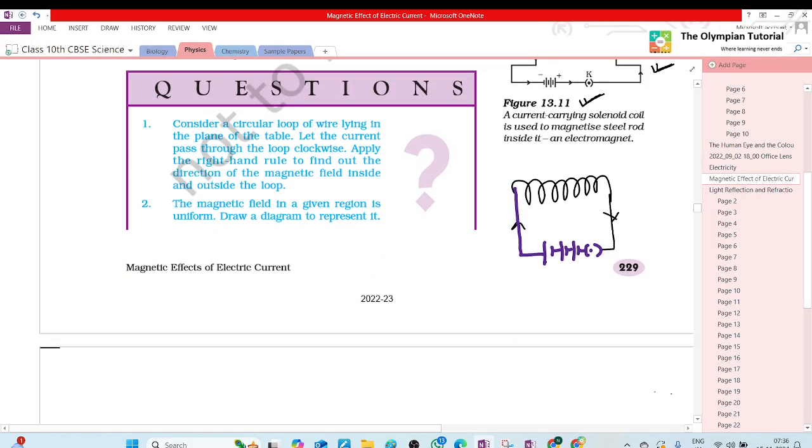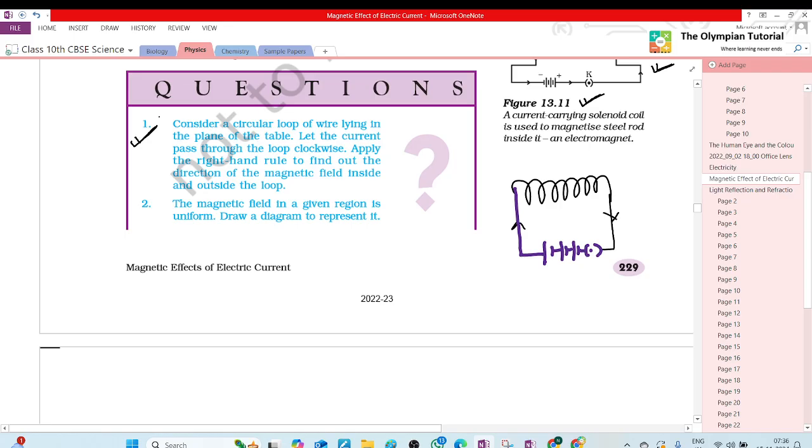Yes, ma'am. Now read the question, Ayukta. Consider a circular loop of wire lying in the plane of the table. Let the current pass through the loop clockwise. Apply the right hand rule to find out the direction of the magnetic field inside and outside the loop.